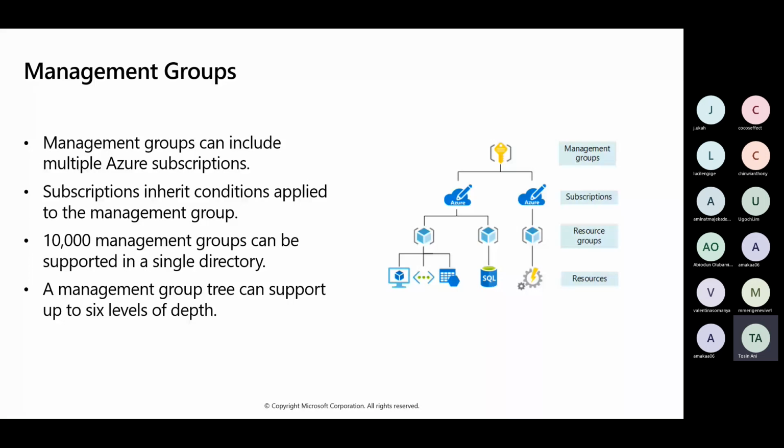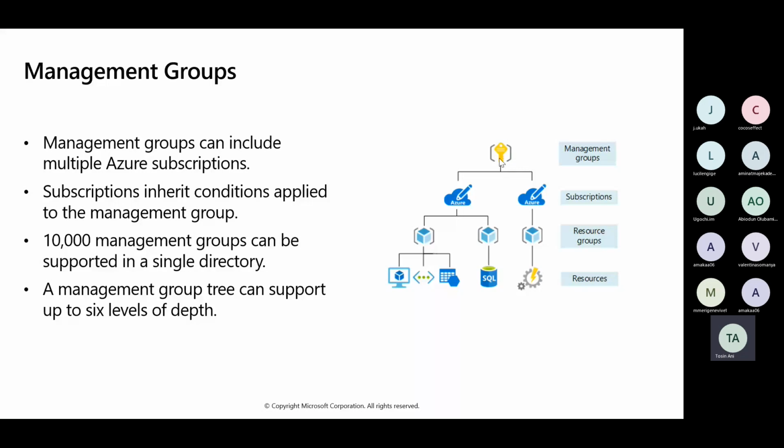If you see the diagram on the screen right now, it lets us know we have different subscriptions, and those different subscriptions are being managed, or organized, together under one management group. Usually all the subscriptions within the management group will inherit conditions.